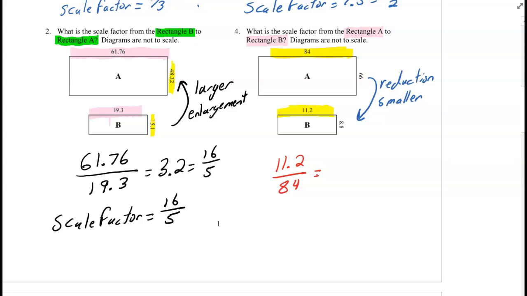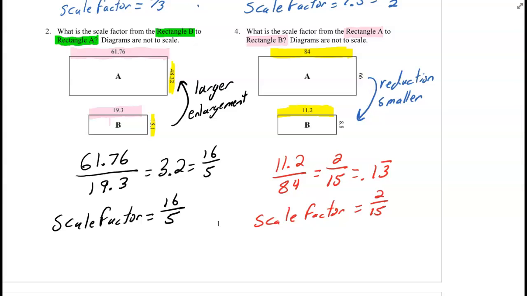Using my calculator, 11.2 divided by 84, you get 2/15. And if you wanted the decimal, it's 0.13 repeating, but I tend to say the scale factor is 2/15. So the first part of the learning target is to identify the scale factor.